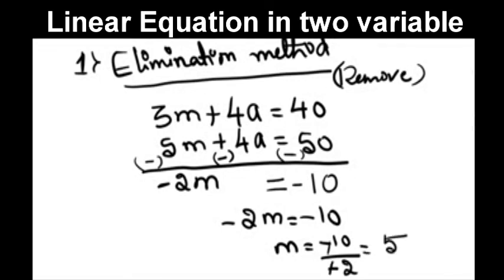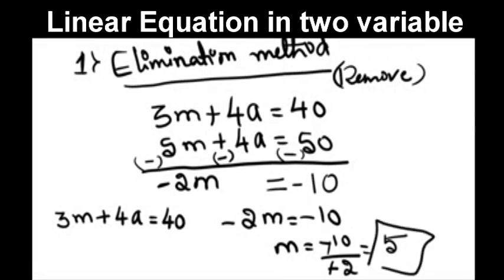The value of the mango is 5. Then how to find the value of the apple? It is very simple. I will take any one of the equations; it is your choice. I will consider the first equation: 3m plus 4a is equal to 40, and I will put in the value I have got. m is 5, so 3 into 5 is 15, plus 4a is equal to 40.